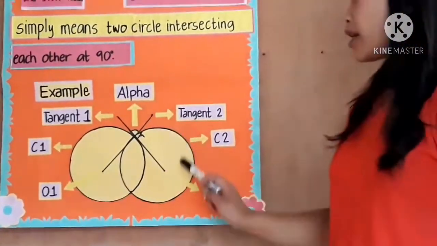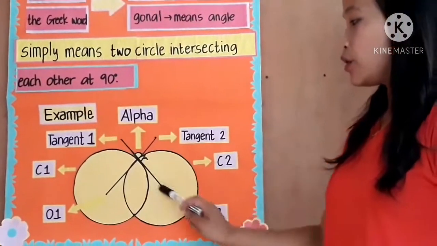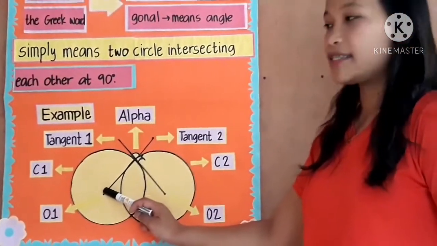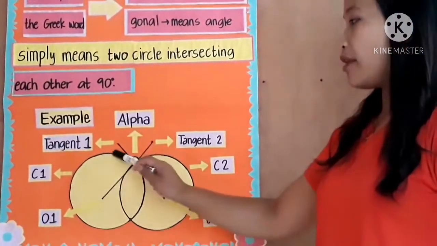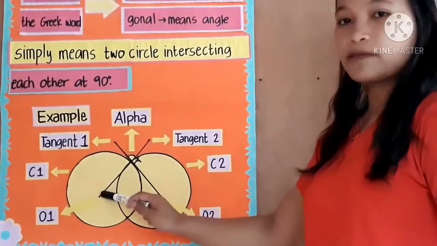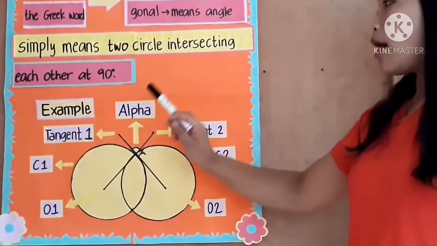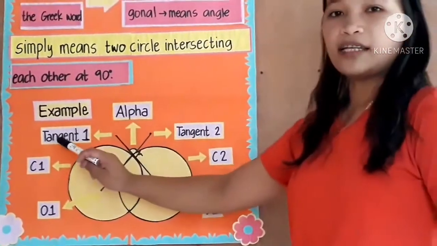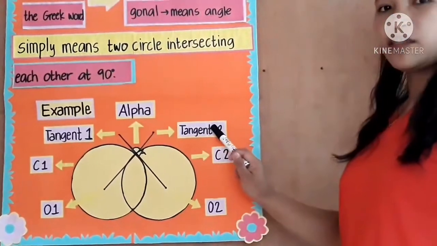Now, as we can see, there are two straight lines intersecting each other, and these two lines are both tangent. Let me name them tangent 1 and tangent 2.